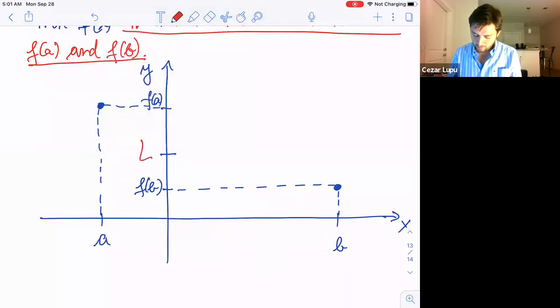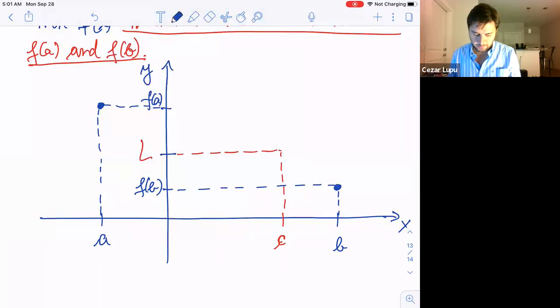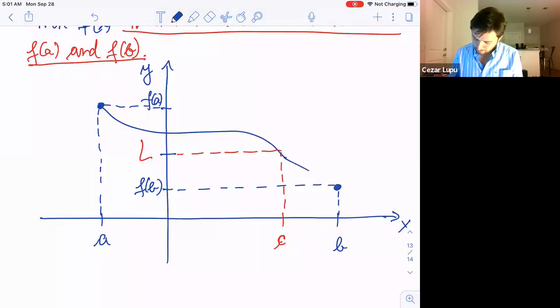Let's say we have L here, and then we have c here. And then let's draw the graph. Suppose this is the graph of the function.